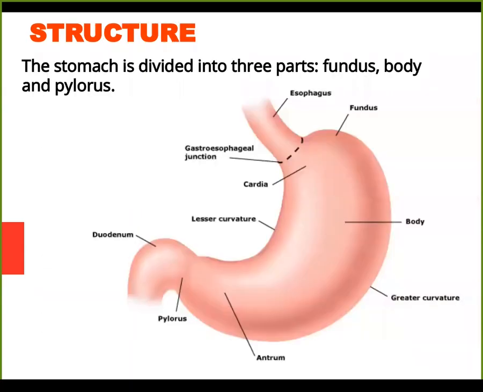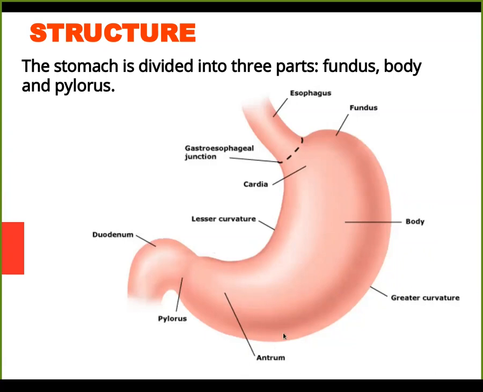And the stomach has several parts. You should know the names of these parts. It's the fundal part, the upper part of the stomach. The pyloric part is the connection between the stomach and the small intestine.